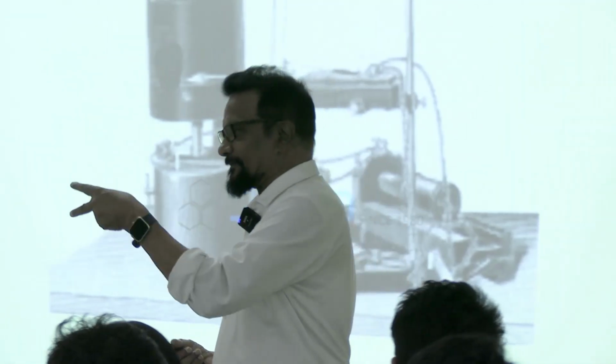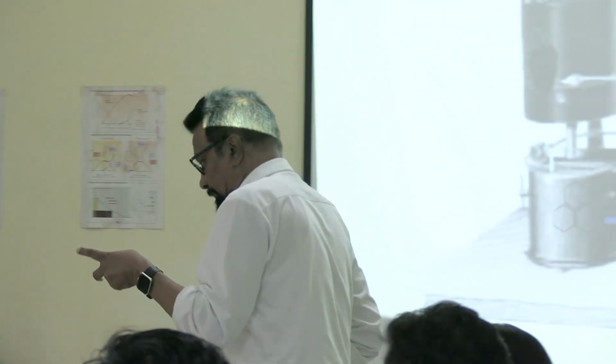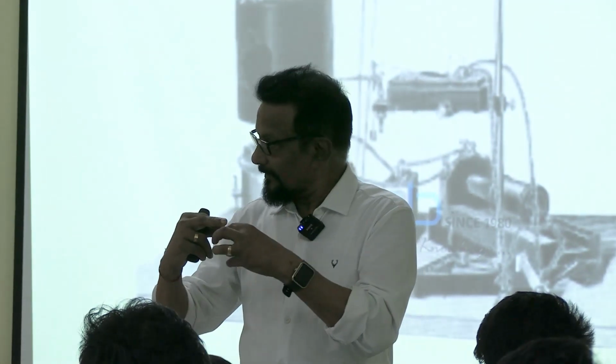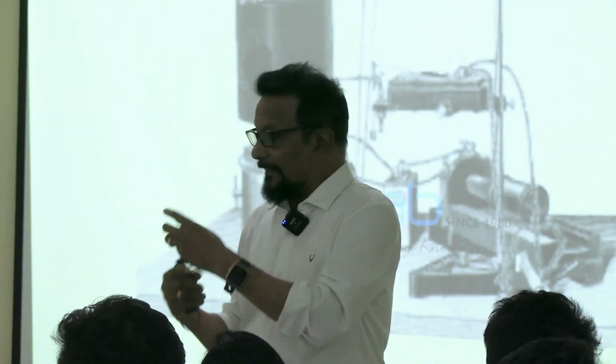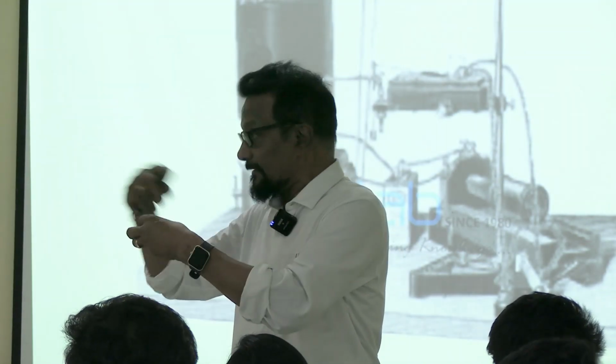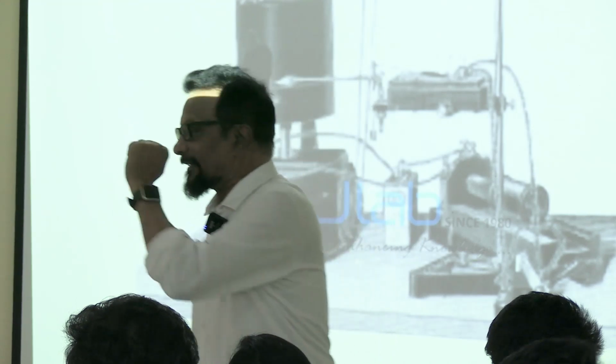When it is connected to the primary coil, the primary coil will produce a magnetic field. If I place another circuit over the primary circuit, that will be the secondary circuit, and in it another type of current will be generated. That is called induced current.